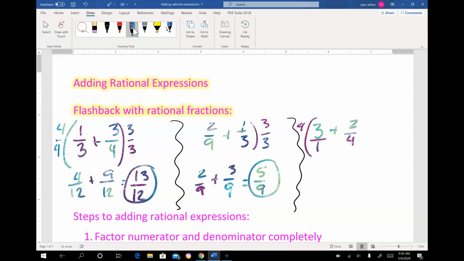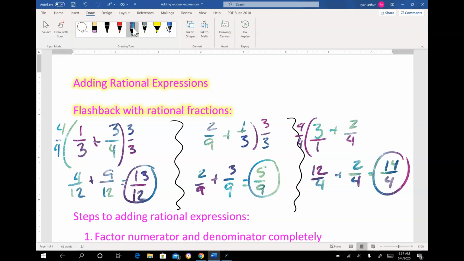So we're going to say 4 over 4. And we're going to get 12 over 4 plus 2 over 4. That gives me 14 over 4. And all of these can be reduced down. With rational expressions, we will reduce them down, which is just canceling out factors, is all you do when you reduce fractions.